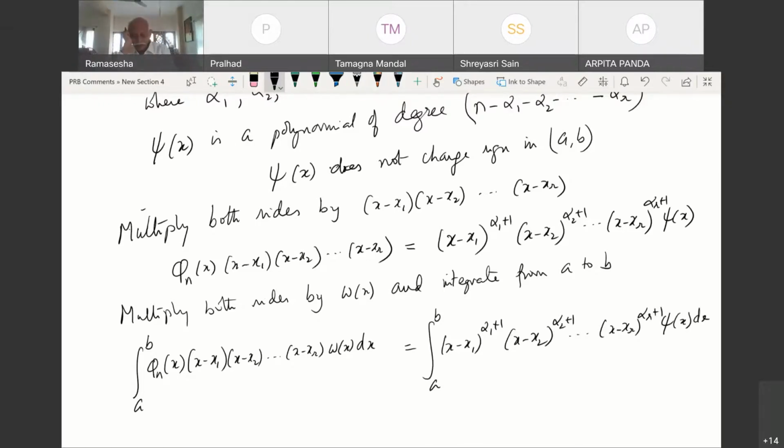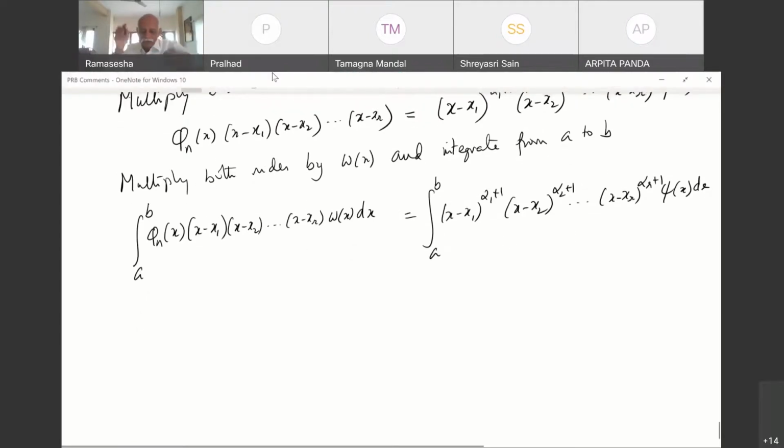Now, what can you say about the integral on the left hand side? It is 0. So this is 0 if r is less than n, right?